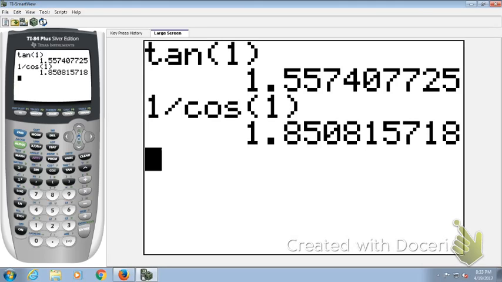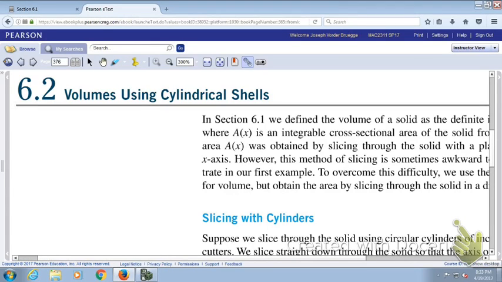So at last, I think we're ready for the rings. Which unfortunately the book doesn't call rings, it calls shells. So 6.2, volumes using cylindrical shells.